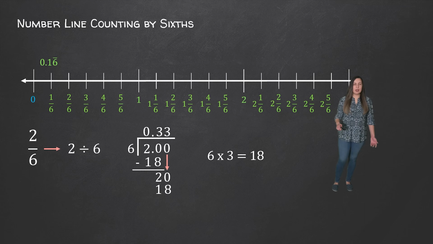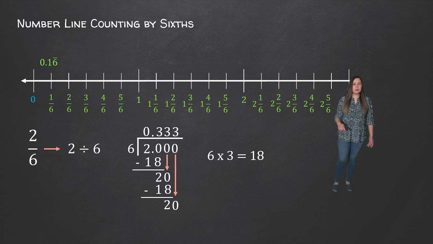We're going to write it and then subtract. 20 minus 18 is equal to 2, and then we add another 0. Notice that the same thing keeps happening. Once we add another 0, we get 20 again. And we know that 6 goes into 20 3 times because 6 times 3 is equal to 18.